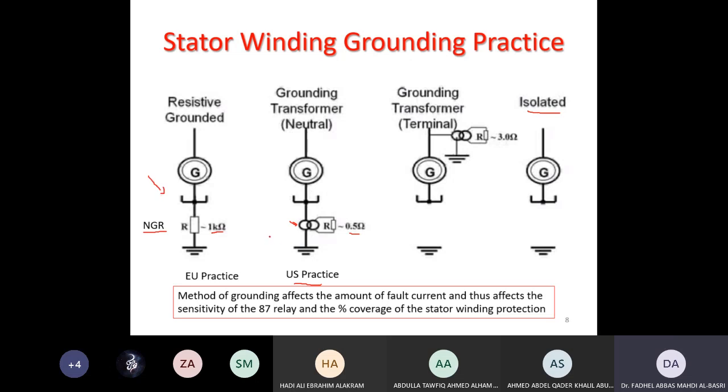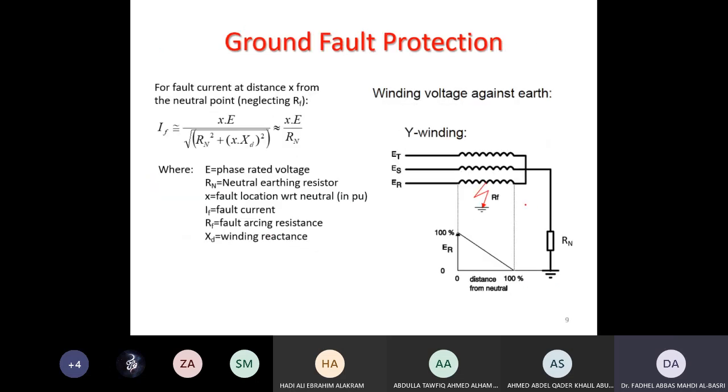of grounding system. Now, in case of ground fault, this is the stator winding. This is winding 1, winding 2, winding 3, three phases connected as a star, and then grounded through a resistance.